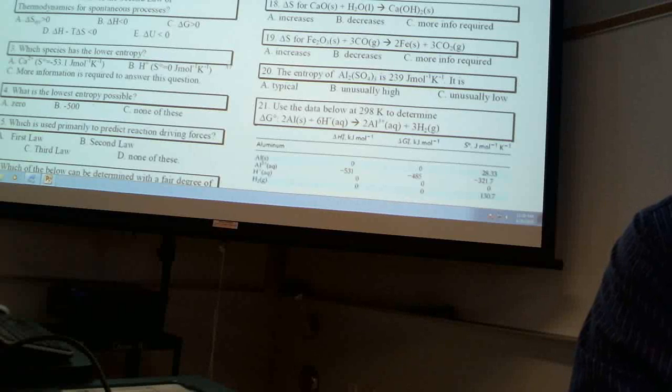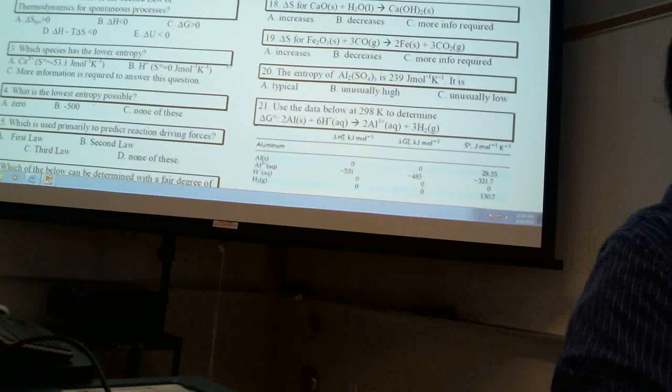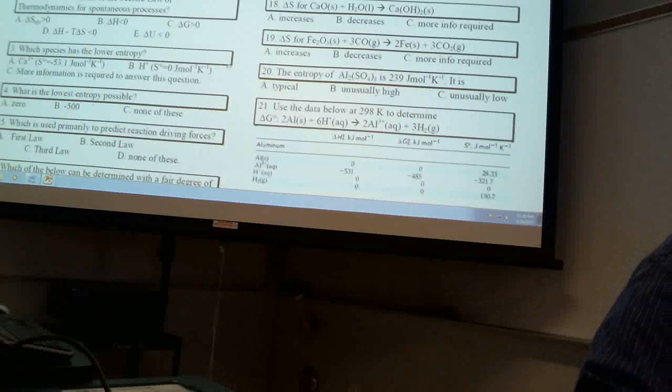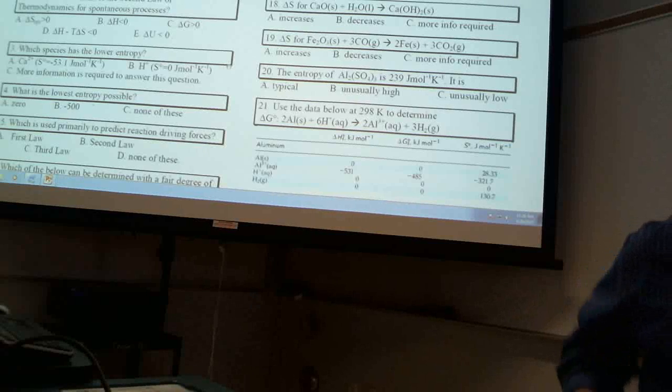What's most important in terms of your calculations, the Kelvin temperature or the Celsius temperature? Which one do you use all the time? The Kelvin, because it has meaning to it, right? Do you ever put the Celsius temperature in any of these chapter 19 equations? Never. You only use the absolute, and the absolute is what has meaning.